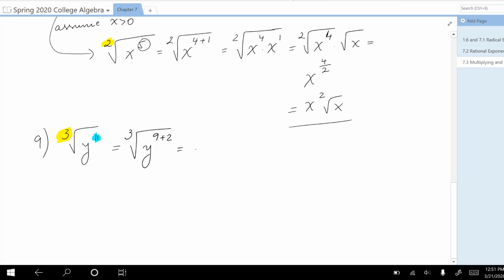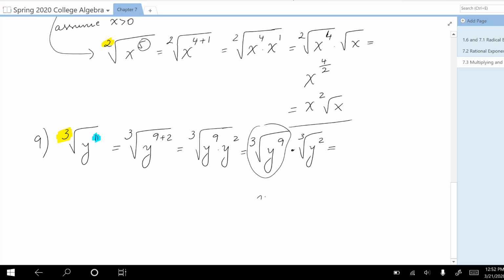True? Yes. So cube root of y to the 9th times y to the 2nd. We separate into cube root of y to the 9 times cube root of y to the 2nd. So cube root of y to the 9, y to 9 over 3. That's y to the 3rd.